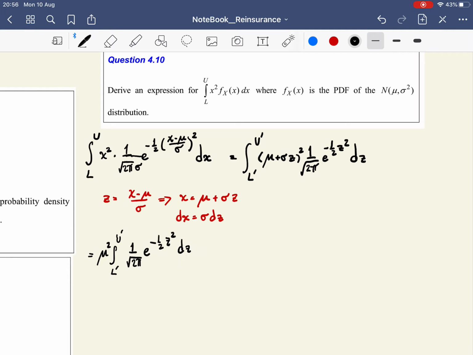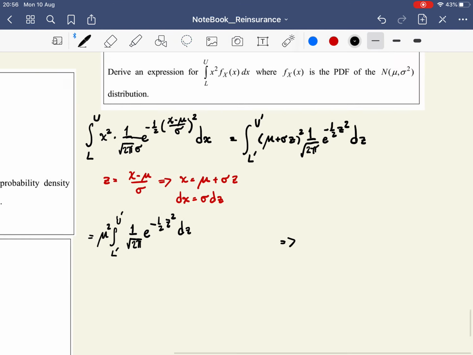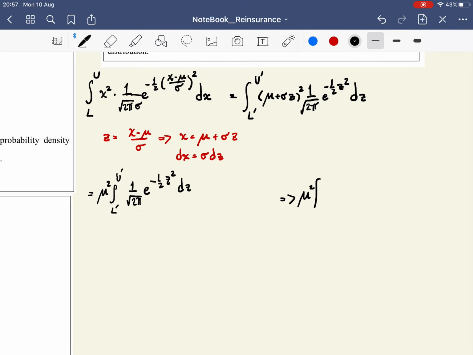This is the standard normal distribution. So basically what we have here is just mu squared times Phi of the upper U prime, take away the capital Phi of L prime. Okay, so we're good.